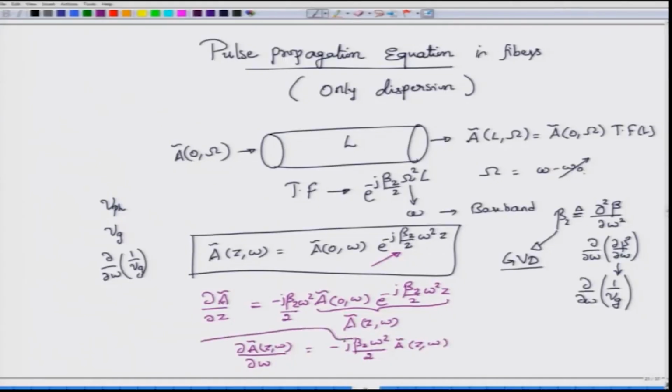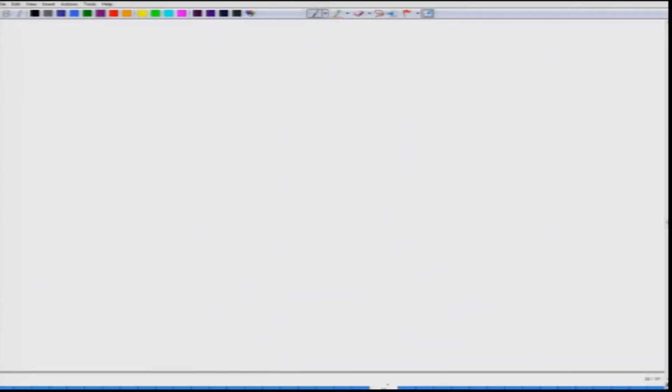This is a simple linear equation, and if I go back to the time domain by taking the inverse Fourier transform, then I obtain, using the small a to denote the inverse Fourier transform of the capital A envelope, del A by del z, which should be equal to j beta 2 by 2 del square A by del t square.